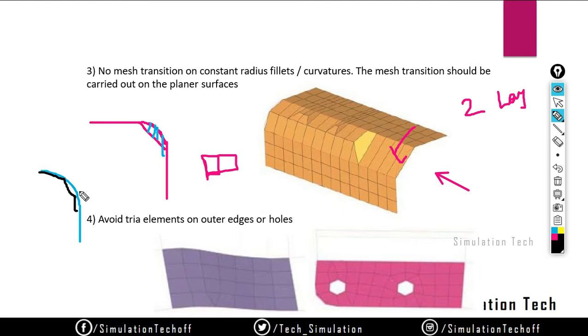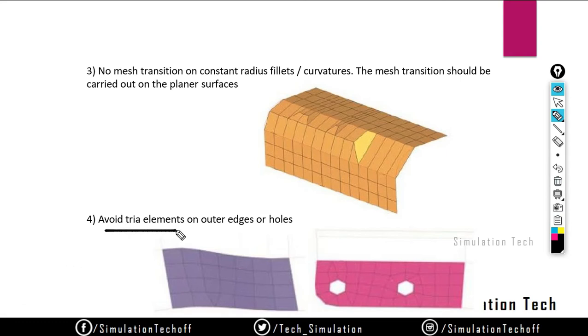In that particular element, the fillet will be easily captured. Here it is not easily captured. That is what I am trying to explain here. So there is a smooth transition in the mesh. For that, you need to create at least more than 2 layers on filleted or chamfered areas. Only then can you actually capture those structures, that curvature which is placed over here.